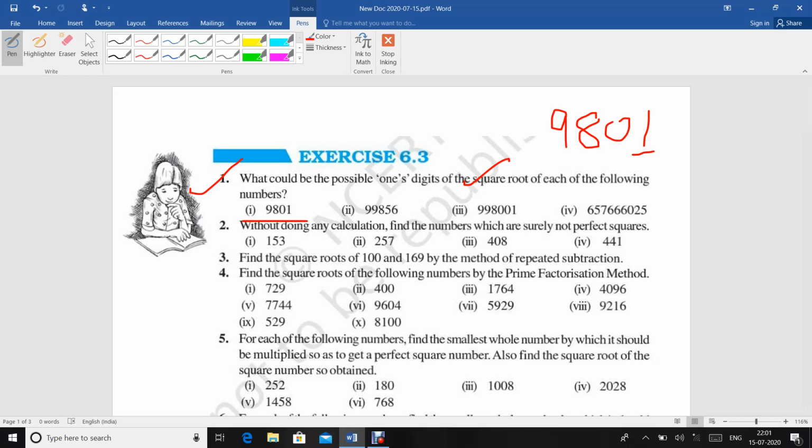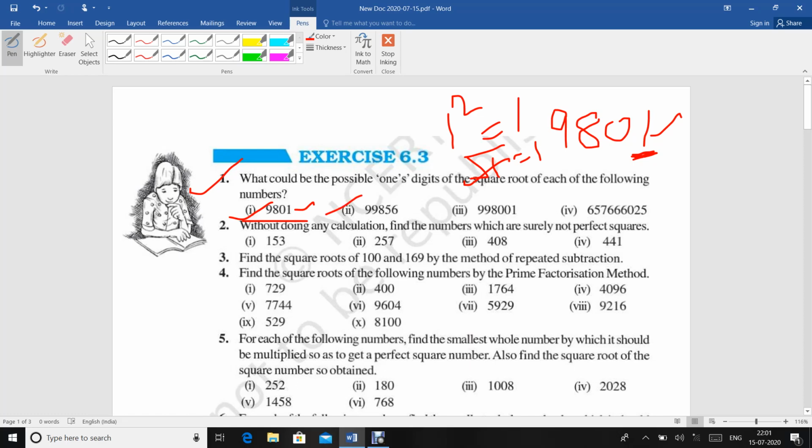So basically you need to observe the unit digit. Here you can see that the unit digit is 1. Now the square of 1 is always 1, and the square root of 1 is always 1.